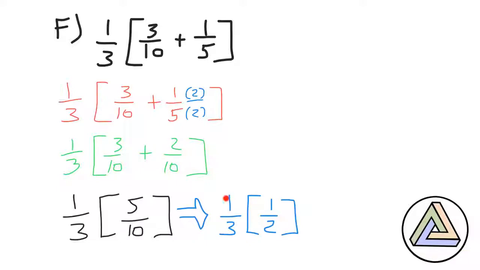And when you're multiplying a fraction times another fraction, you just multiply straight across. So 1 times 1 is just 1. I'll write the final answer here. And 3 times 2 is just 6. And that is the answer to this problem right here. Once again, PEMDAS, take care of the parentheses first or brackets first, and then take it from there.